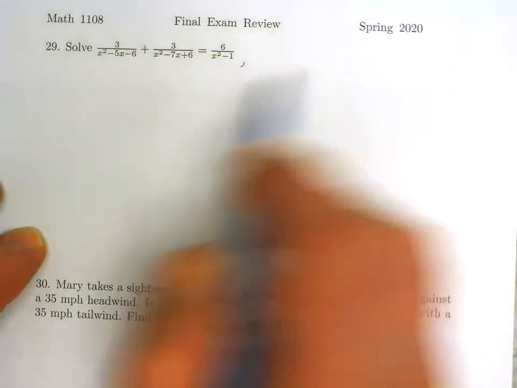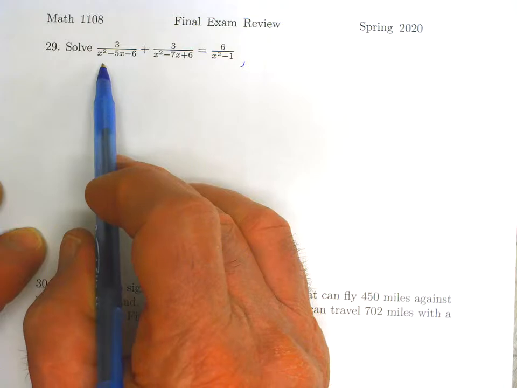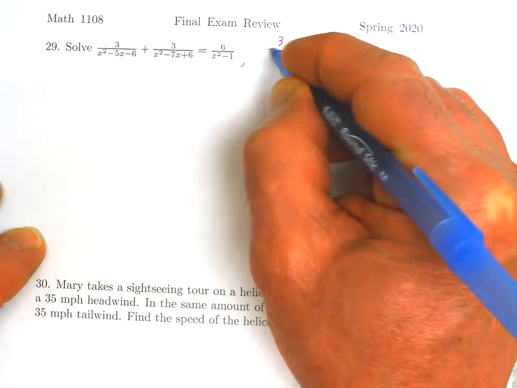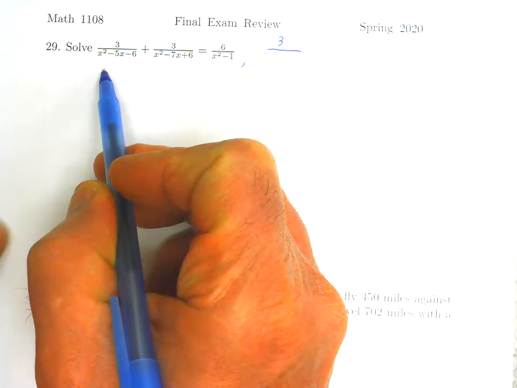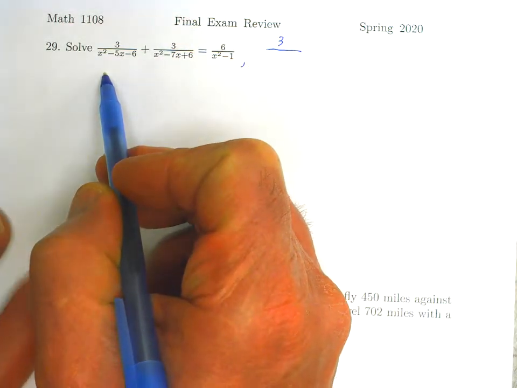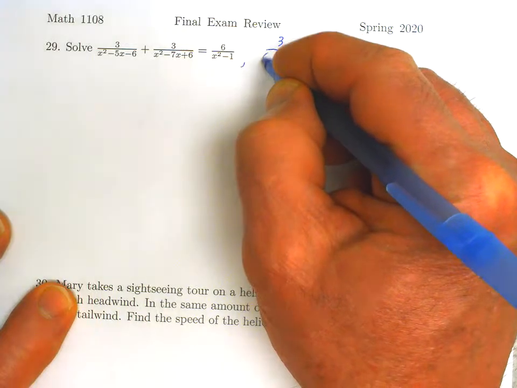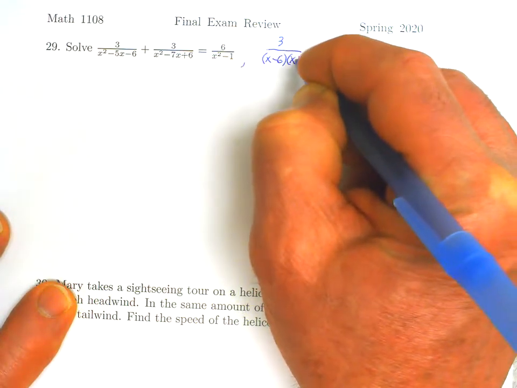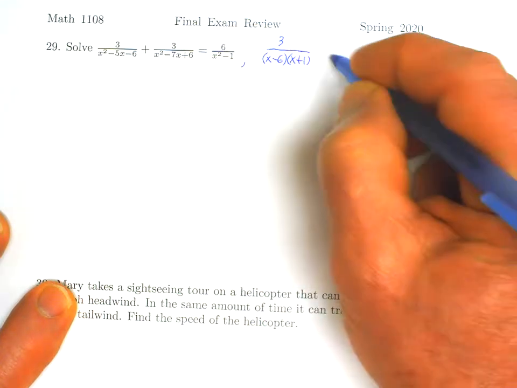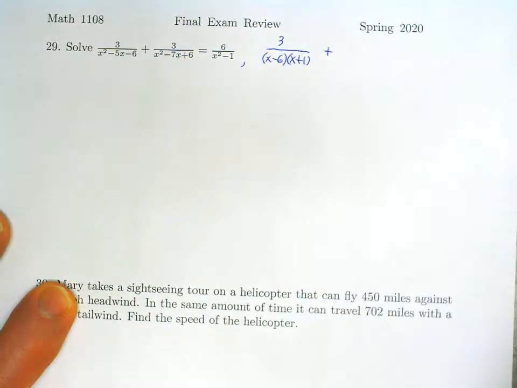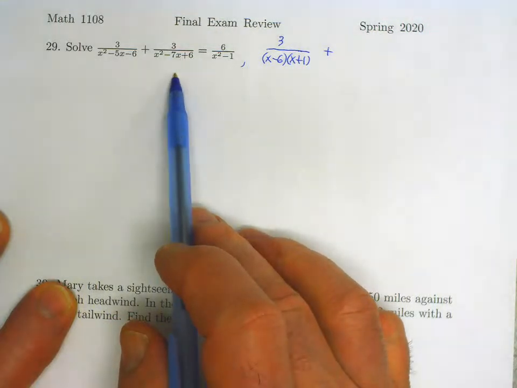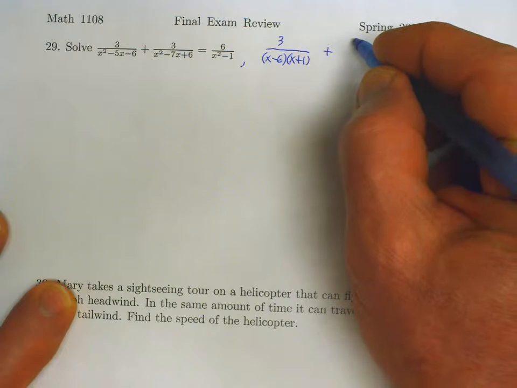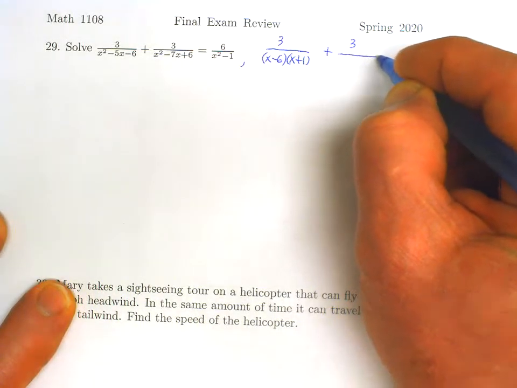So I'm going to rewrite the equation over here with the denominators factored. This denominator, x squared minus 5x minus 6, the two factors of that are x minus 6 and x plus 1. And then the next term, 3 over x squared minus 6x plus 6, the numerator is 3.